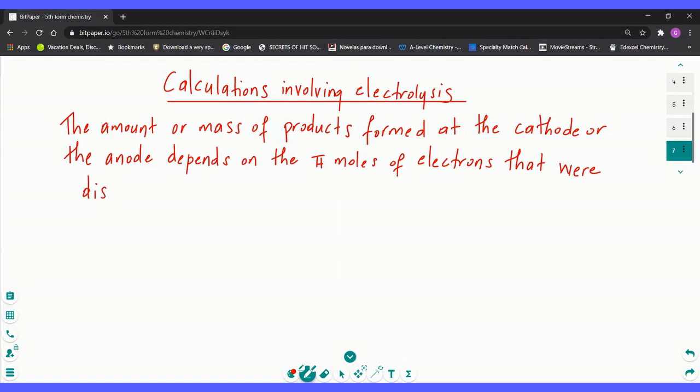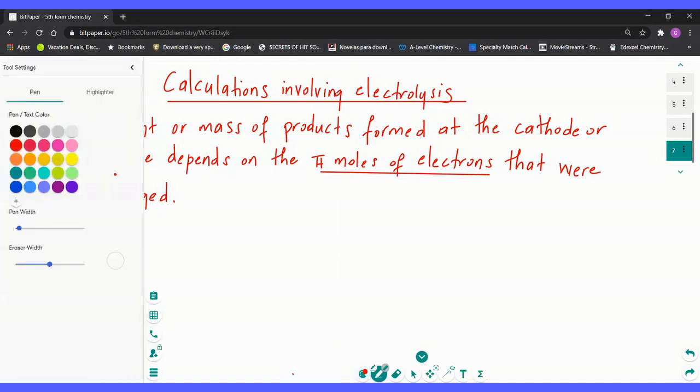So the amount or the mass of our products formed at our electrodes depends on the number of moles of electrons that we had discharged. So electrons are very critical for this process.